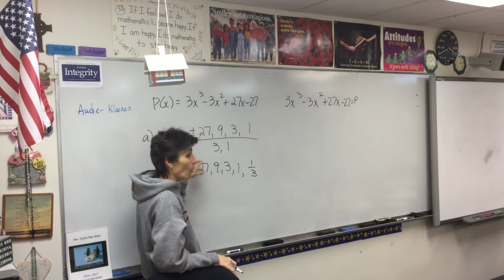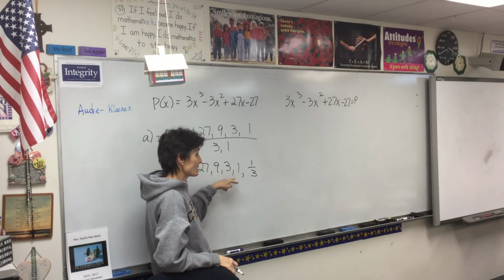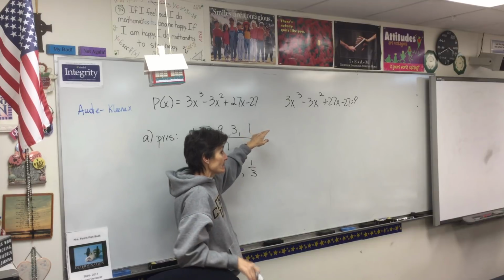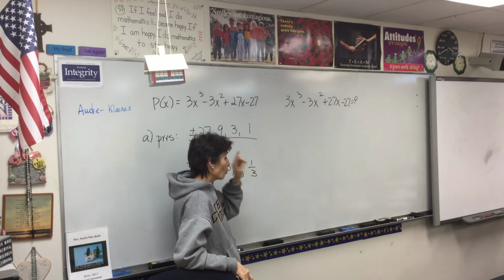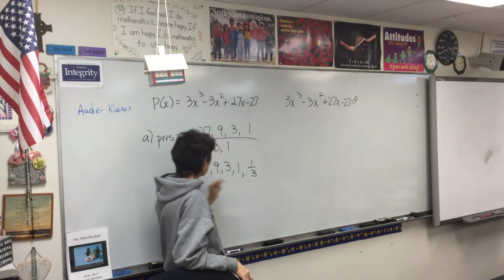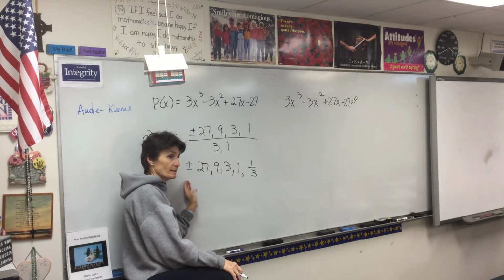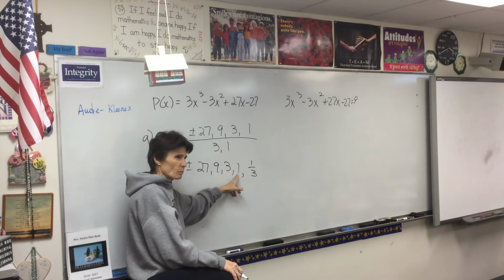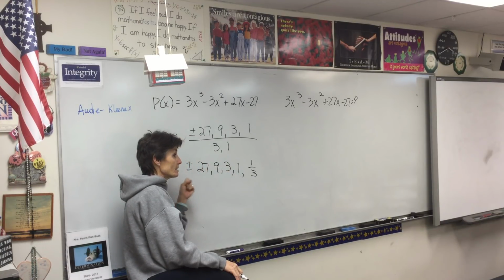Or you would pick one of these and divide it and hope that you get 0. So one option you have is to pick some numbers one at a time out of this list. I would probably start with like 1 or -1, and you divide them out until you get a 0.